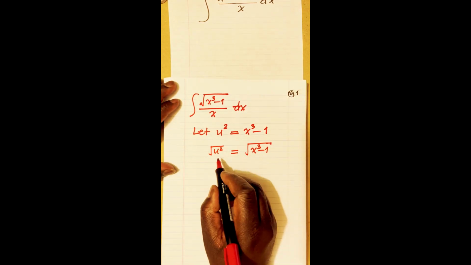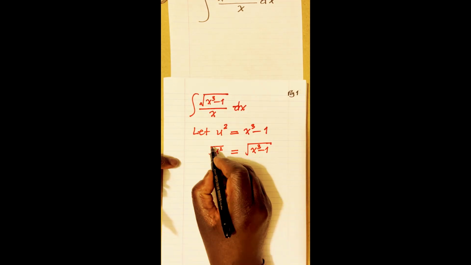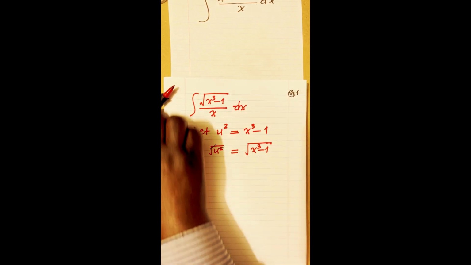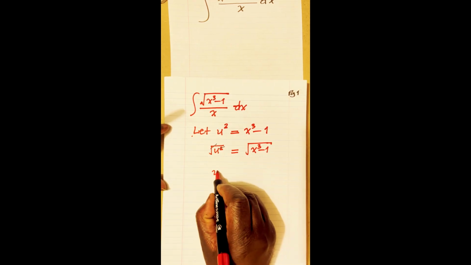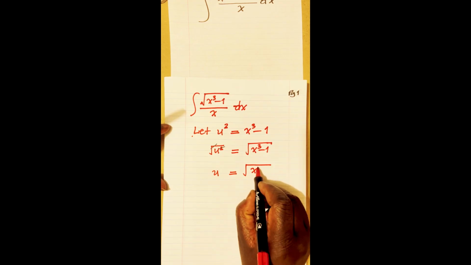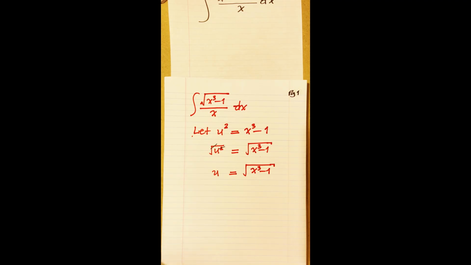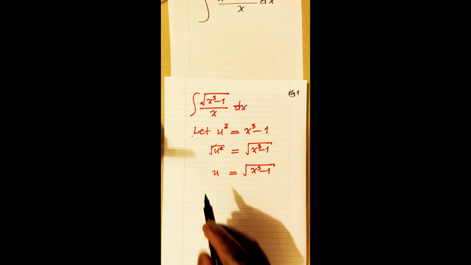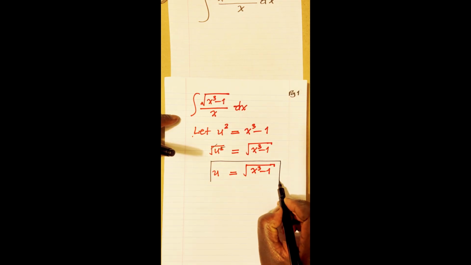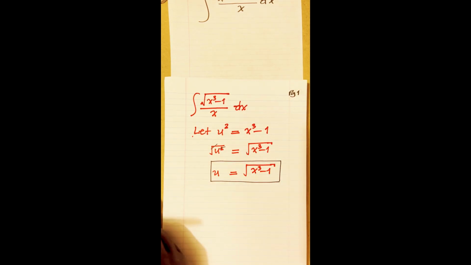And if you agree with me, on the left hand side you can quickly see that this cancels that. So what we have on the left is basically u being equal to the positive square root of x cubed minus 1. Now this is one of the first equations we're going to need towards the end. Allow me to put this in a rectangular box, because we're going to need this at the end. Right, now this is the first equation we obtained from this equation.